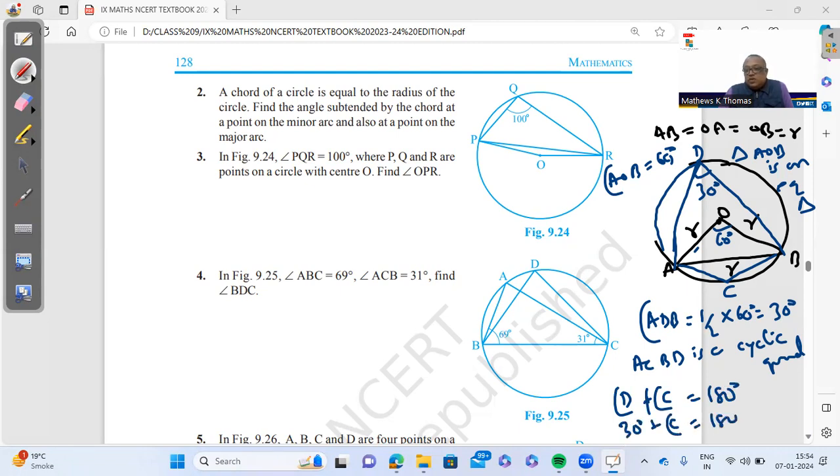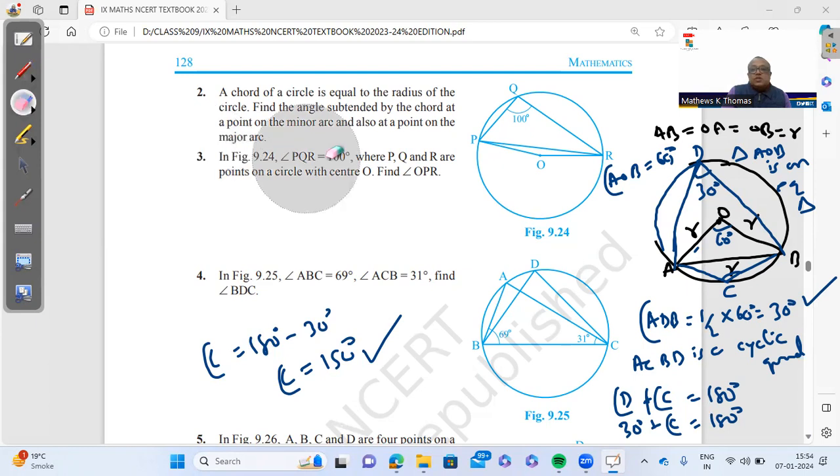So C will be 180 minus 30, so this angle C will be 150. So the angle made by AB on the minor arc, that is angle ACB, will be 150, and the angle on the major arc, angle ADB, will be 30. So your answers will be ADB 30 and angle ACB 150.